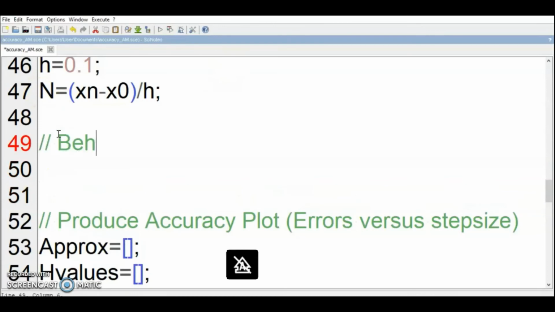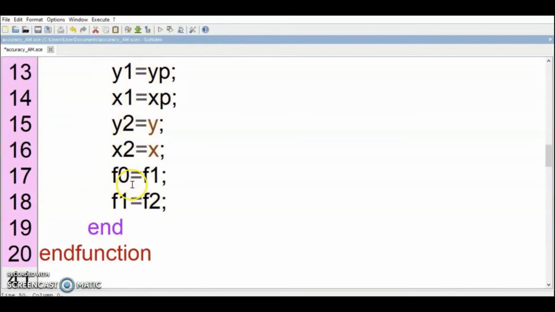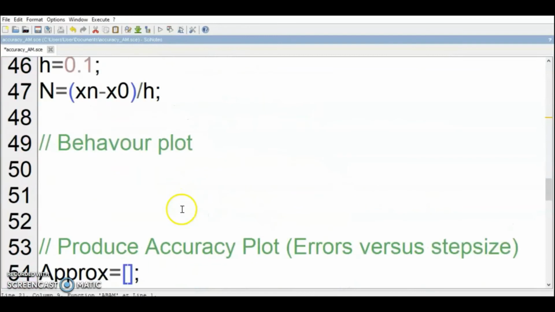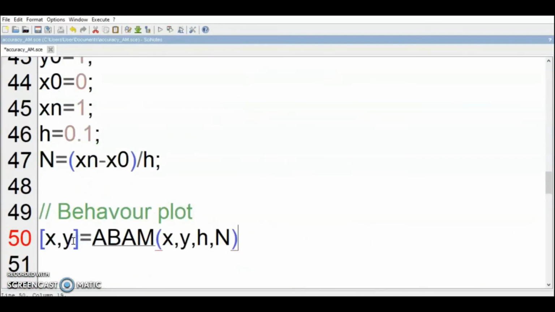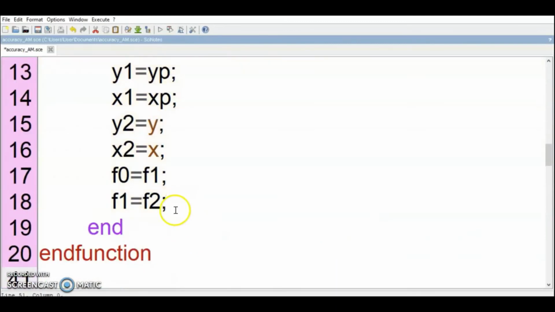This is called the behavior plot. Usually I do it separately, but let me just show you how this graph looks for the behavior plot here. So what I need here is just this value here, that will give me just the last value. And so I need to save all these values here.